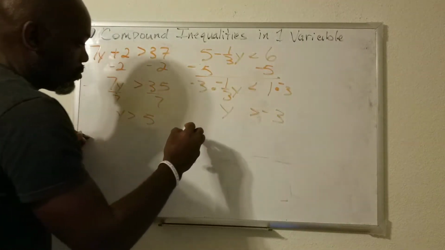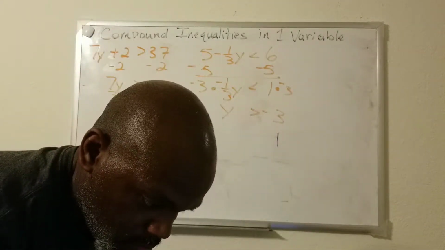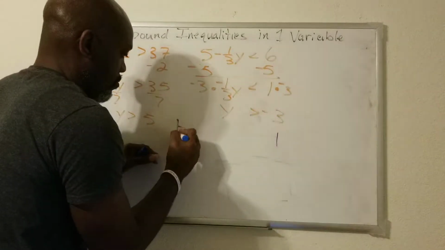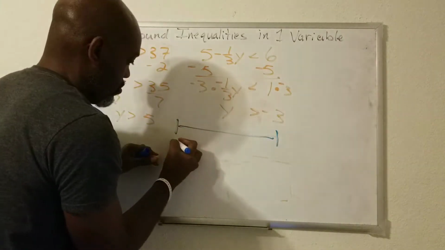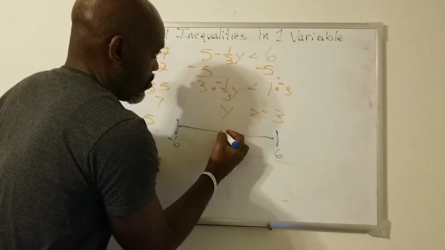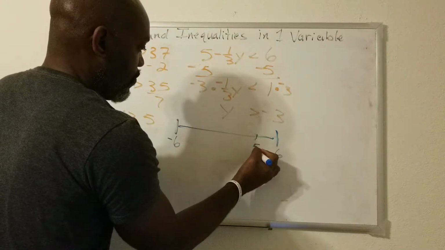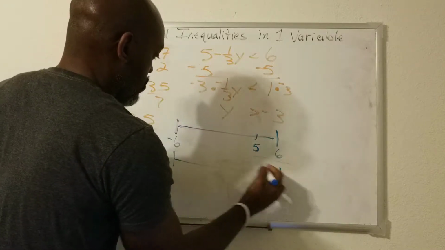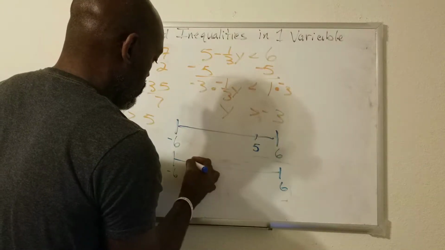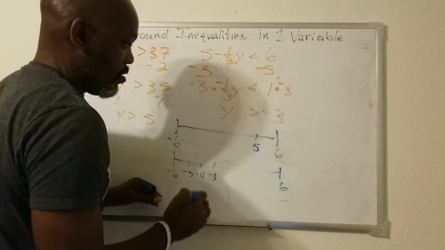So make sure that the graphs are the same. It makes it a lot easier. So I have +5 here, and here's -3.